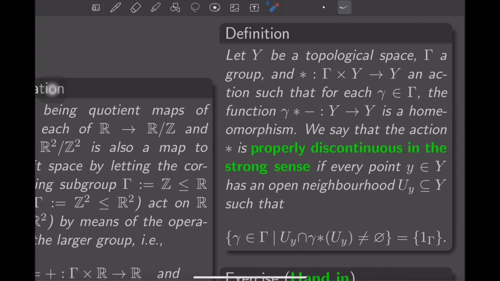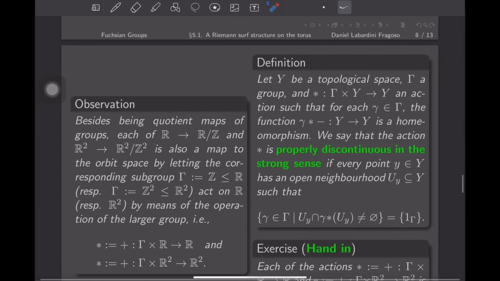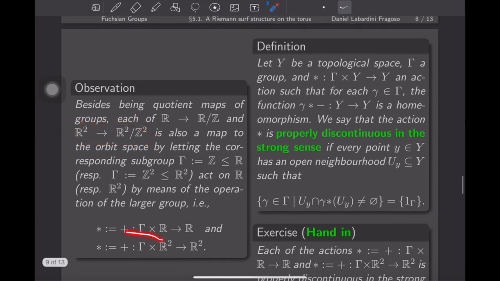Let's focus on R2, acted upon by Z square by integral translations.